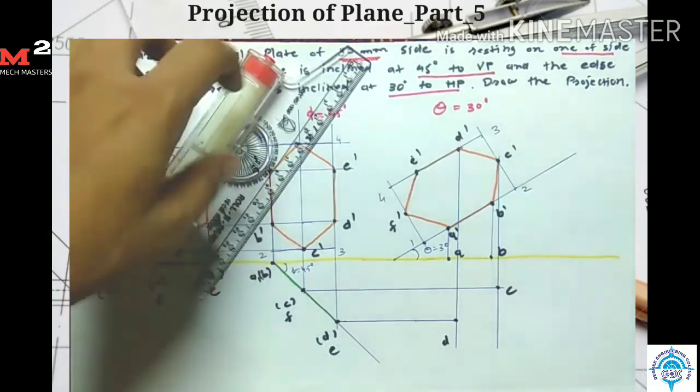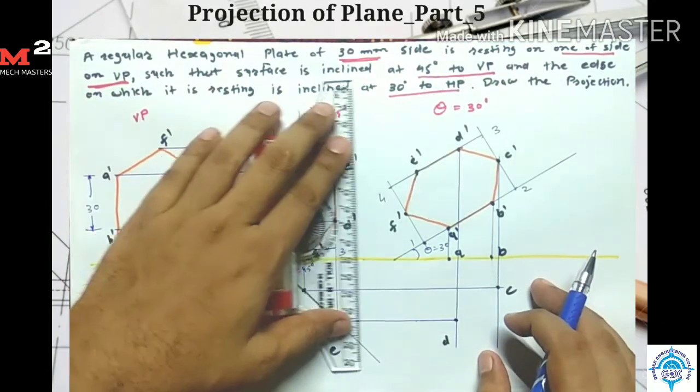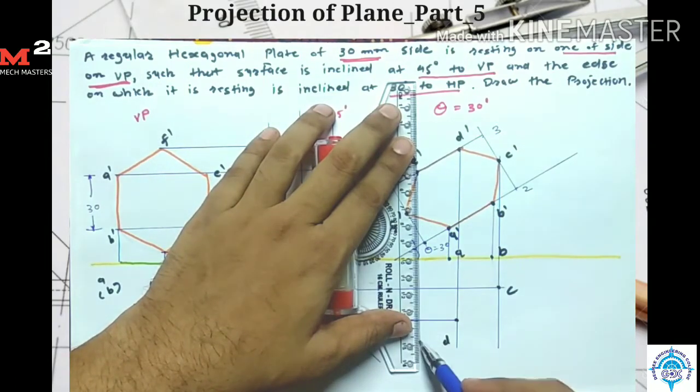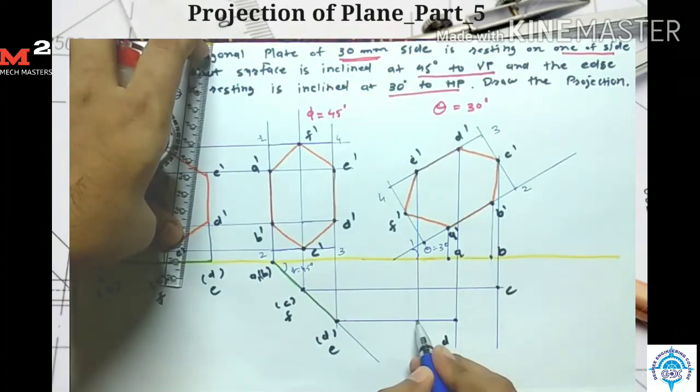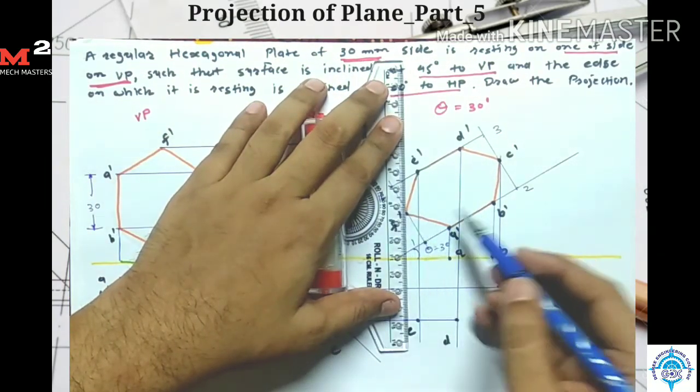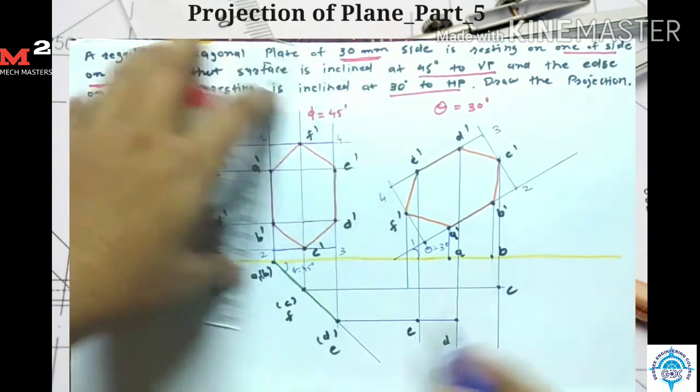Now for point E, I take the projection from here and from here. So here I get my point E. Now for point F, I take the projection from here and from here.